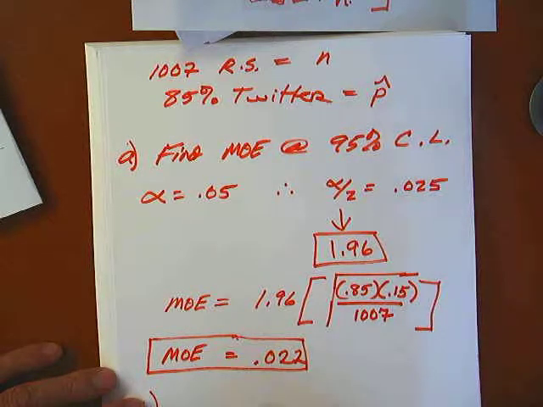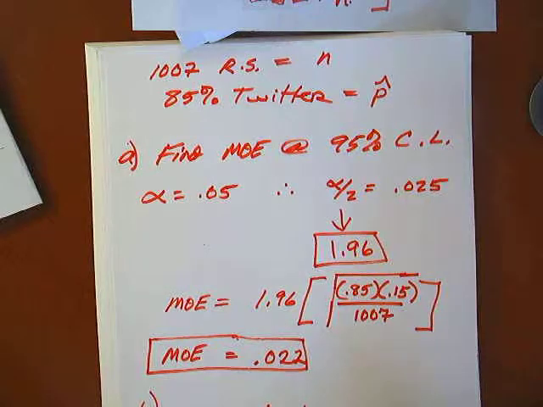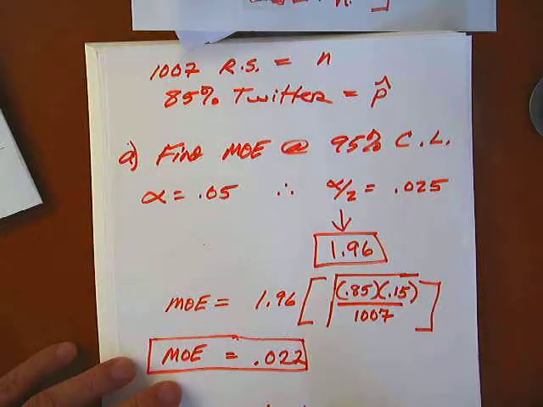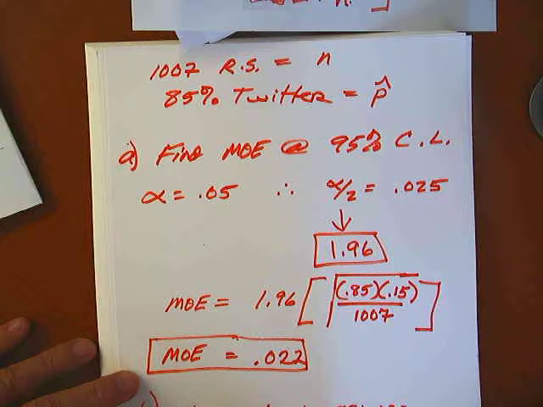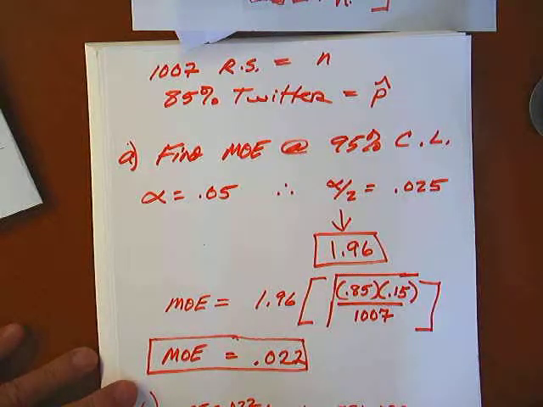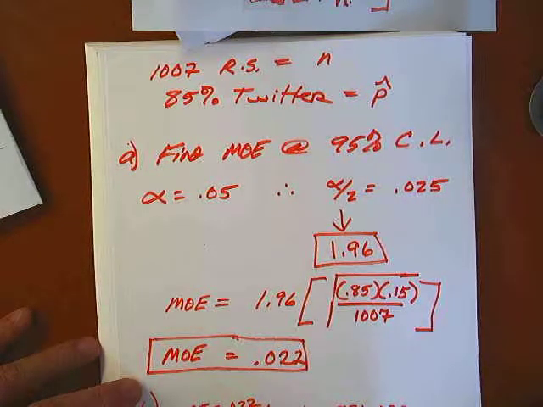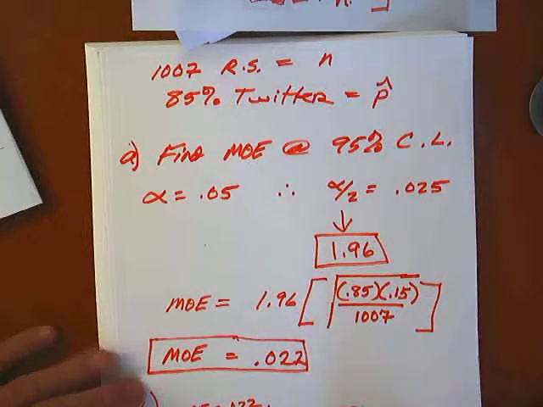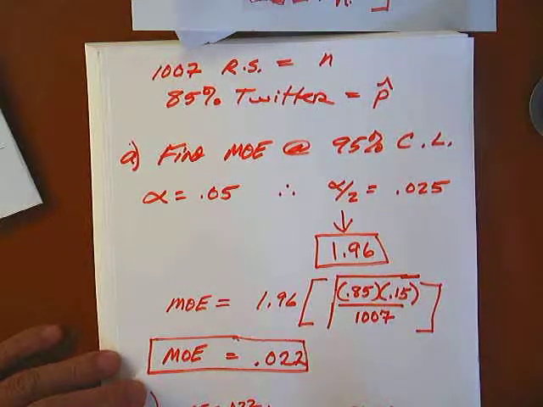So just hold on to that margin of error, because now you're going to take your P statistic, which is going to be p hat, and you're going to add 0.85 plus your margin of error and 0.85 minus your margin of error. So p is in the middle, and I'm sorry, it's not equal to, sorry about that.